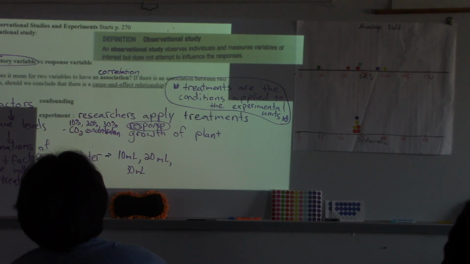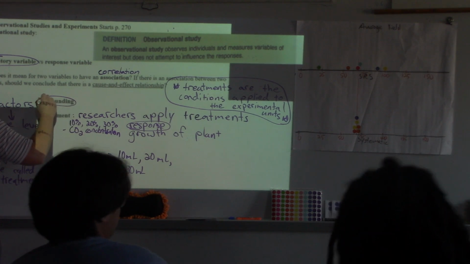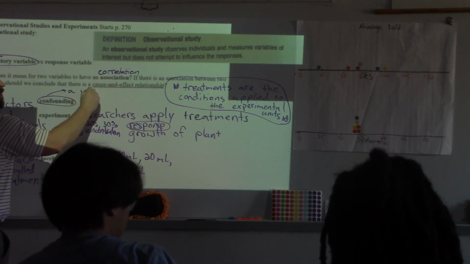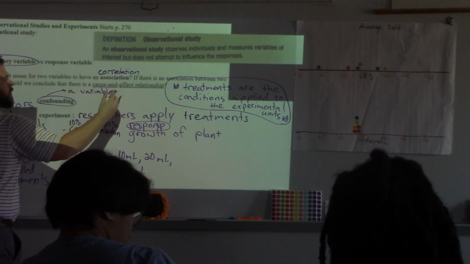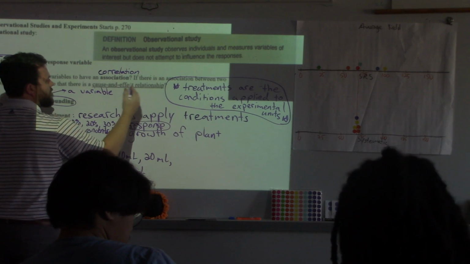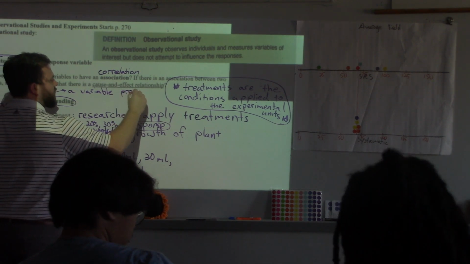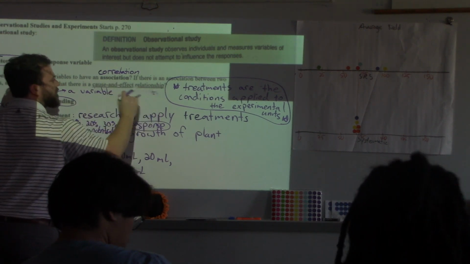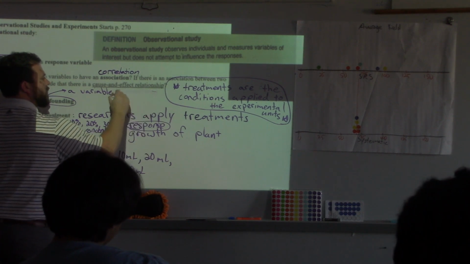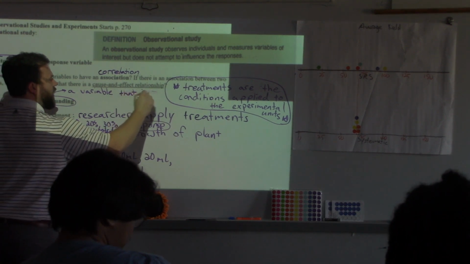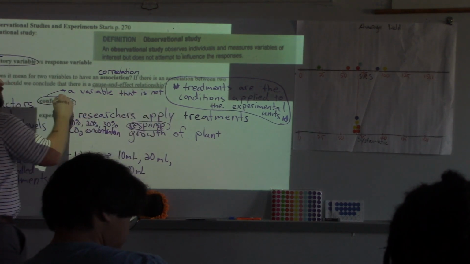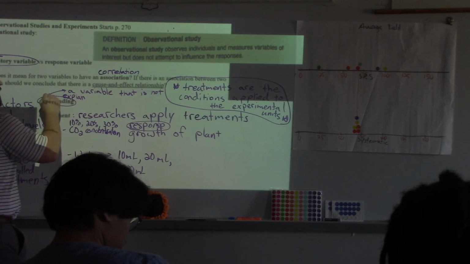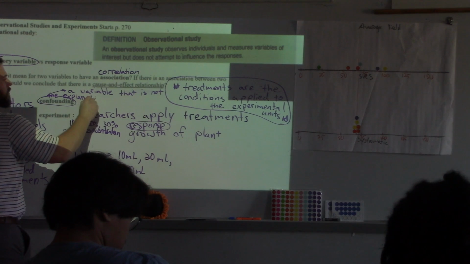Confounding. What the crap? This word confounding. This is the idea of a variable that is not explanatory, or is not, let's say, the explanatory of interest.